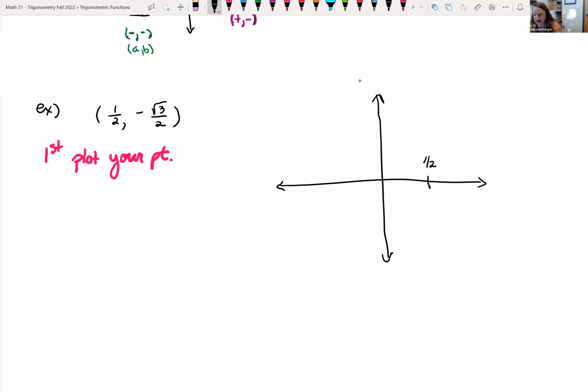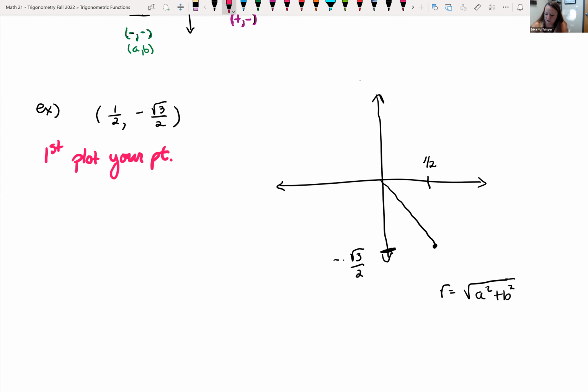And we're going to go down negative √3/2. Again, this is not to scale, but I'm going to estimate this is negative √3/2. And so I get this point right here. To find r, we can use the formula, which says that r is equal to the square root of a squared plus b squared.